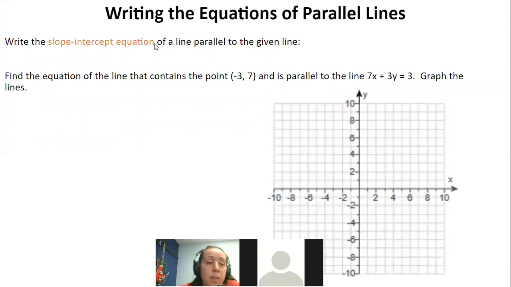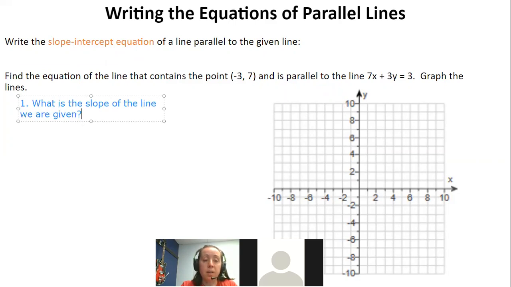Our first step is to figure out the slope of the line we are given. Our given line is 7x plus 3y equals 3.